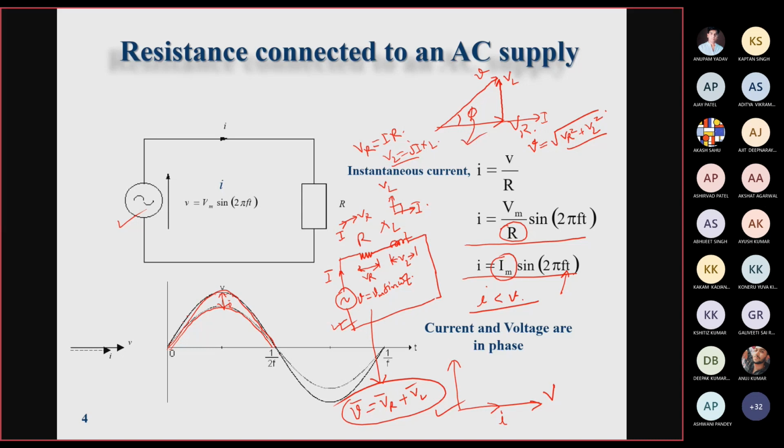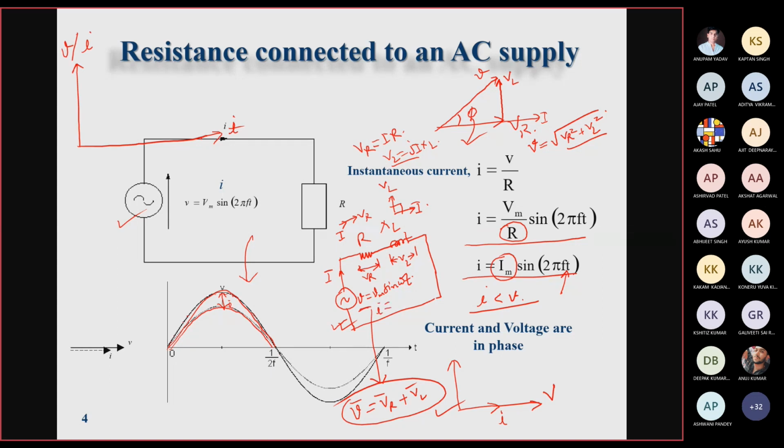Now you can also draw the current and voltage relationship for this RL circuit. For a simple resistive circuit, we have seen that both the voltage and current are in phase, but if we plot the variation of voltage and current with respect to time, with voltage and current on the y-axis, what will happen? If we consider V as Vm sin omega t, then I will be equal to how much?